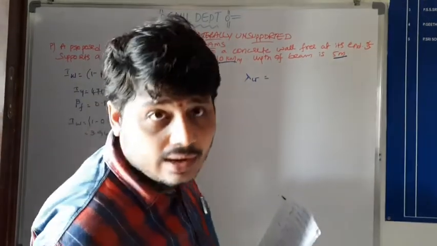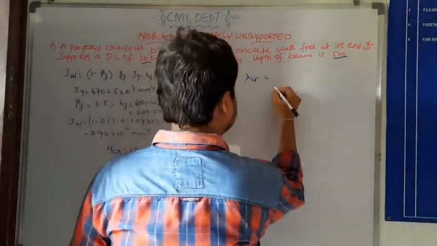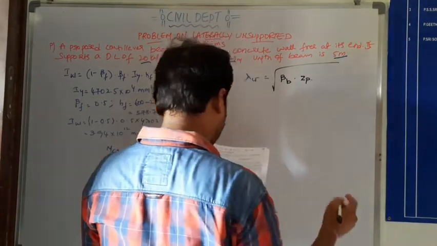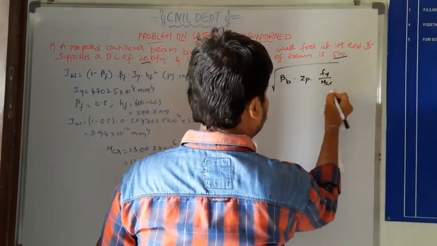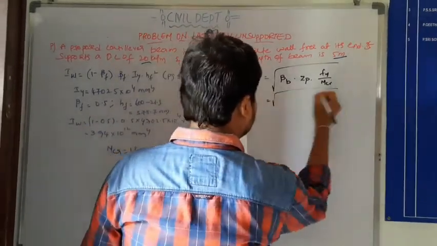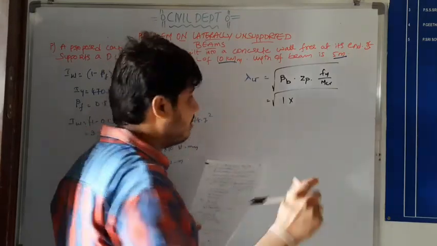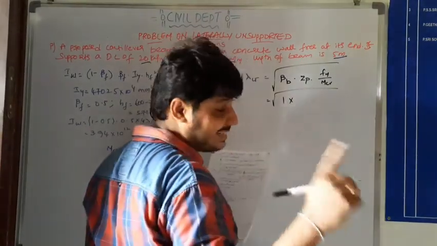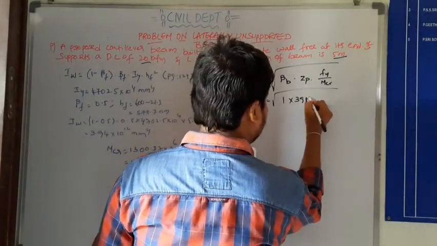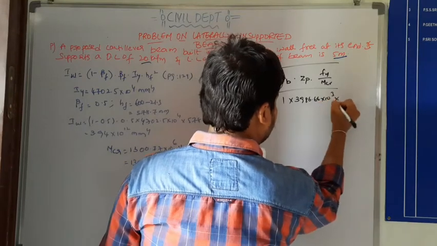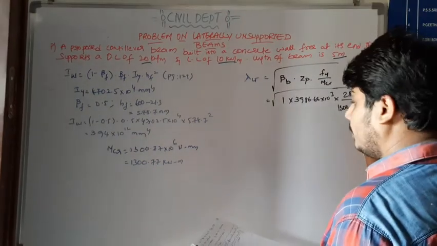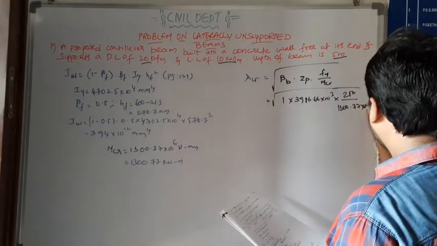So it is easy to solve lambda LT, that is equal to root of beta B into ZP into Fy by MCR. So this is the MCR value here. So please listen. By solving, beta B value constant 1, and ZP value in the section considered, which is ISWB 600, 3986.66 into 10 cube, Fy 250 by MCR 1300.77 into 10 power 6.